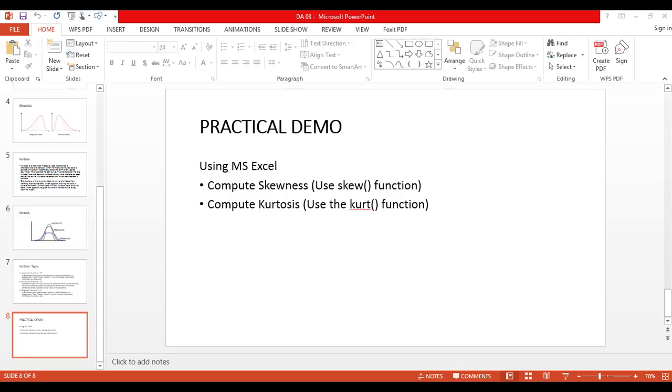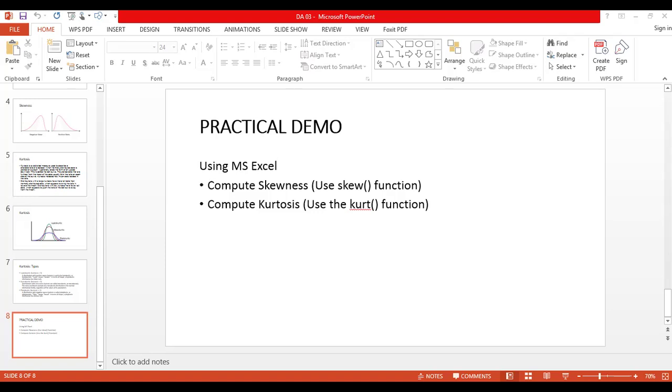So all these are actually used in 2D mode. 3D is when you are addressing across worksheets. Okay, that's what 3D is about, when you are making reference to cells across worksheets.